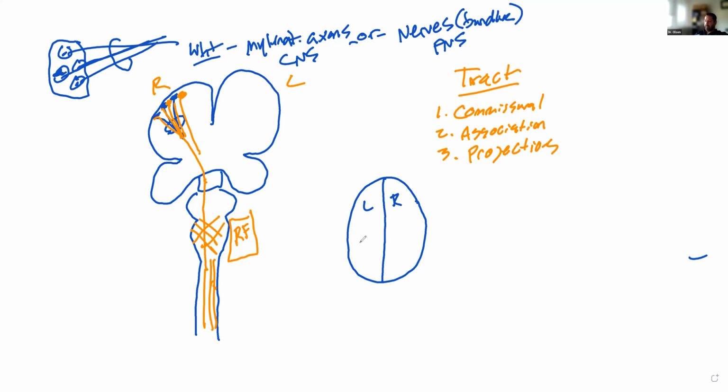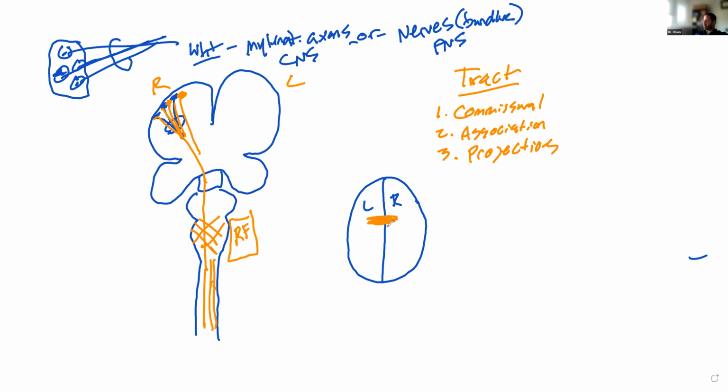And so we will say that a commissural fiber, commissure means to cross over. We have these tracts that are going right, left and right.